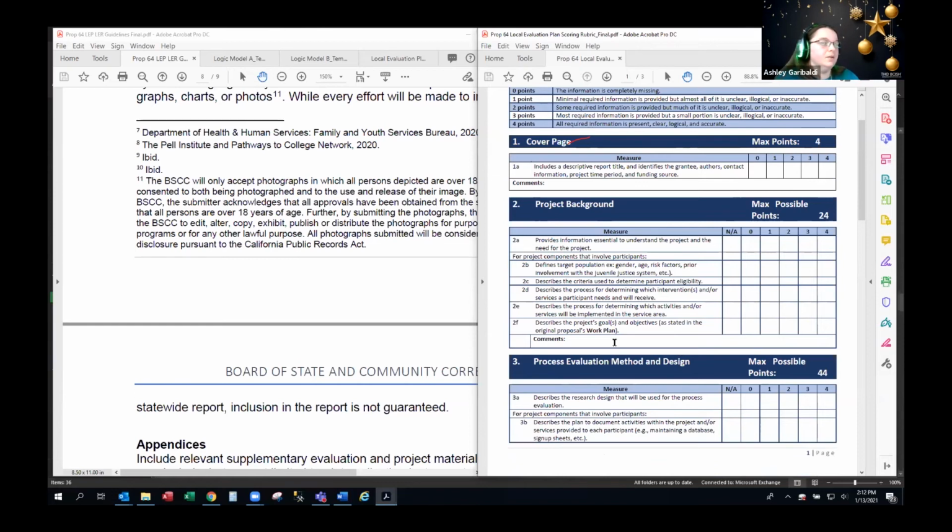And then for technical assistance purposes, if you need it, Helene and I will reach out and have a conference call to say, hey, we were a little bit confused about how you're going to do a process evaluation, or actually you didn't talk about that at all. What are you thinking? How do you think this is going to come out? What steps or help do you need from us to ensure that all those points are being hit?